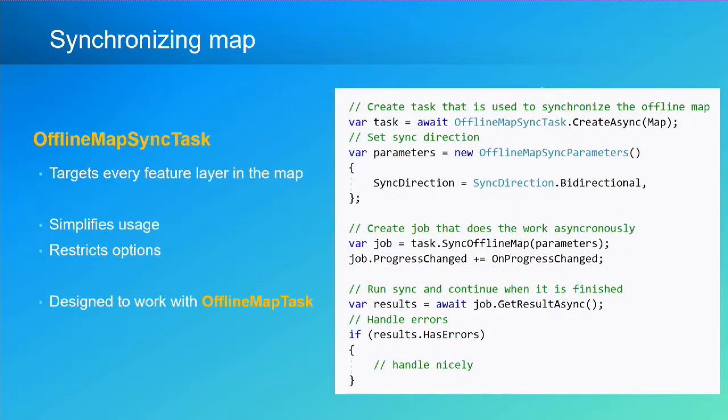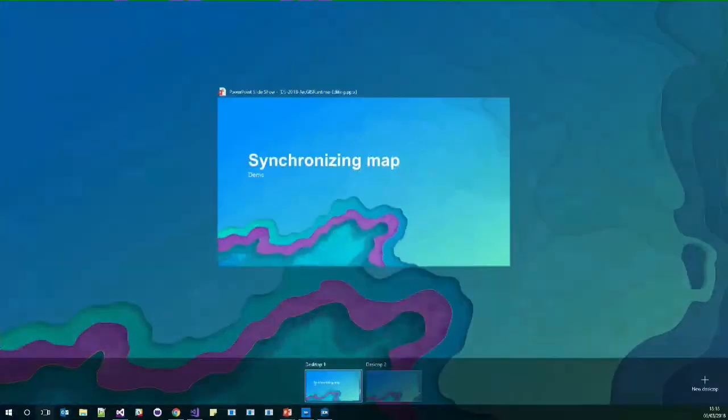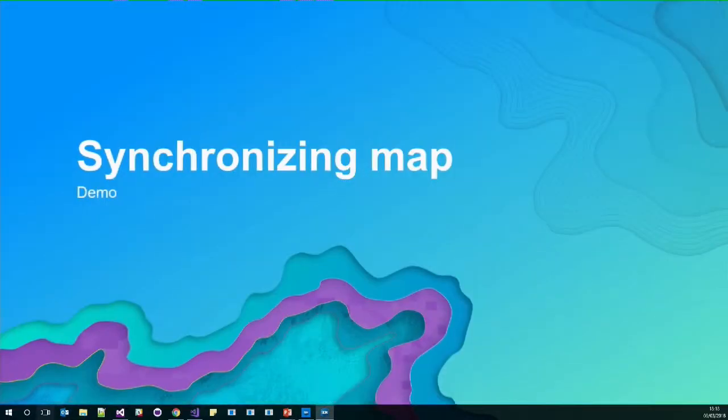But if you are just working with the map, that's where you can use the offline map sync task, which came in 10.1 release. And the target for that is to just simplify the whole process of managing synchronization, and it's also designed to work with the offline map task that is used to take the map offline. And for that, I do have a demo here as well.